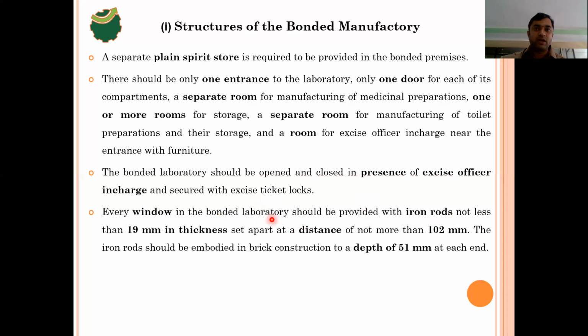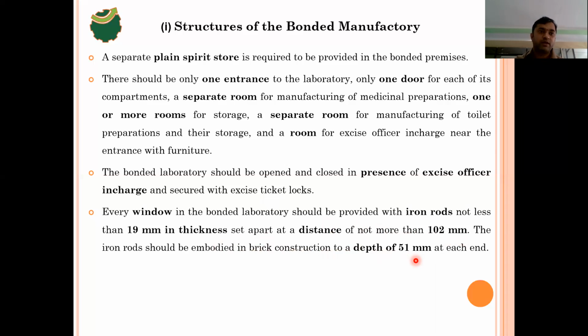Every window in a bonded laboratory should be provided with 19 mm thickness iron rods set apart at a distance not more than 1 or 2 mm. The iron rods should be embedded in brick construction to a depth of 51 mm at each end.